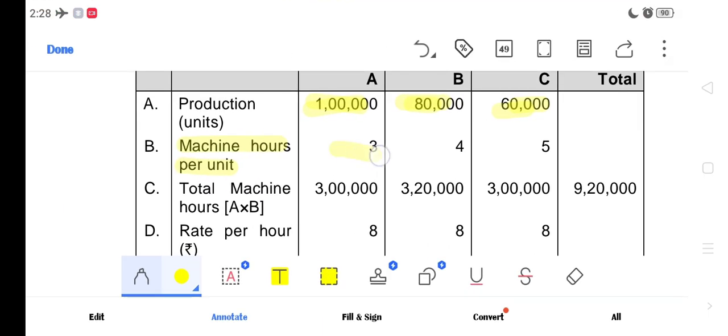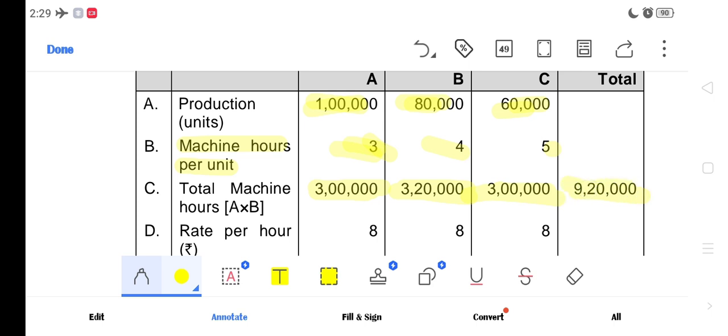If we want the total machine hours and total direct labor hours, it is 3 lakh total machine hours for product A, 3 lakh 20 thousand for product B, and 3 lakh machine hours for product C.